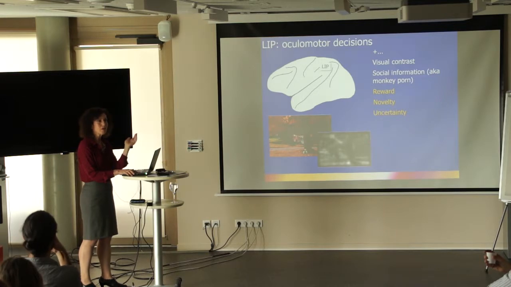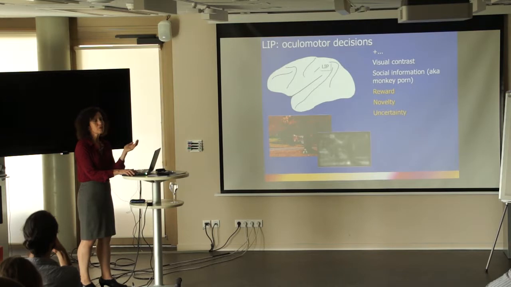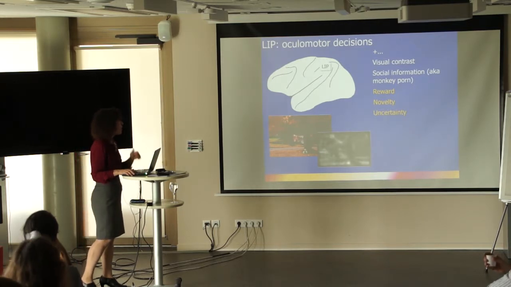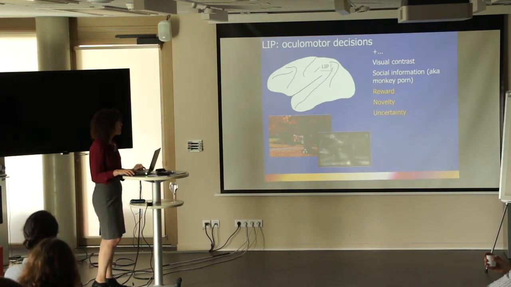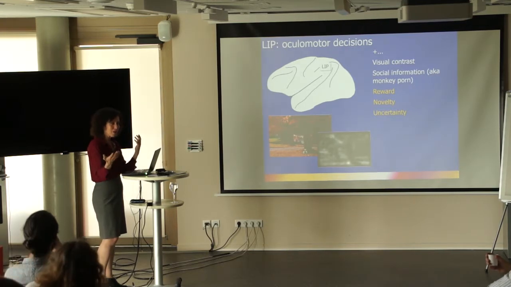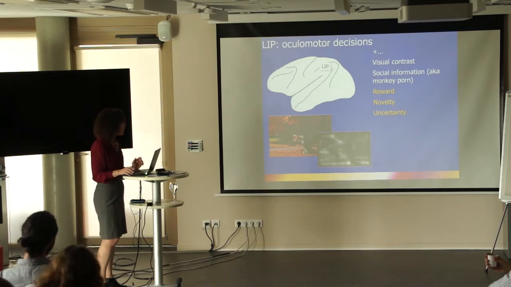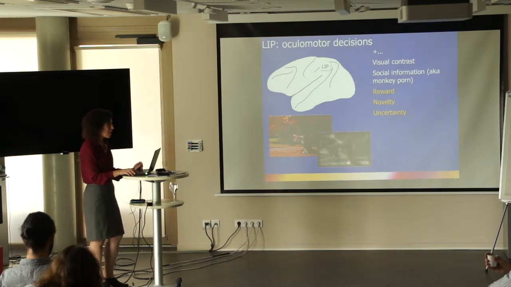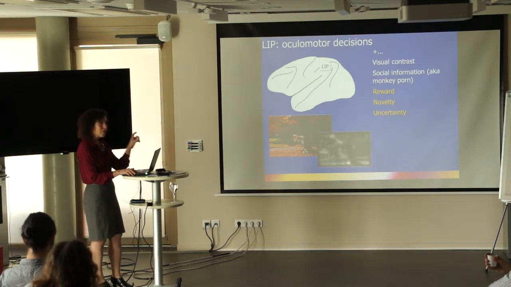The sudden onset of something, even if the monkey knows it's a distractor and it can only interfere with his task, will be registered by the cells. There's been a social information task, affectionately known as monkey porn, where monkeys traded juice for pictures of behinds of female monkeys.